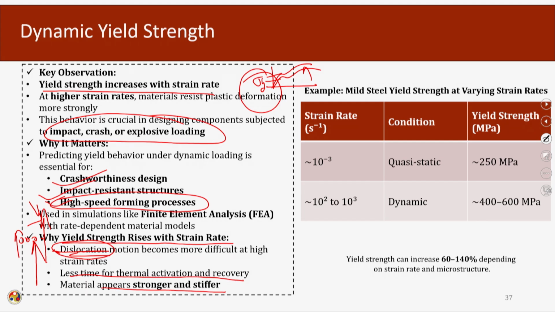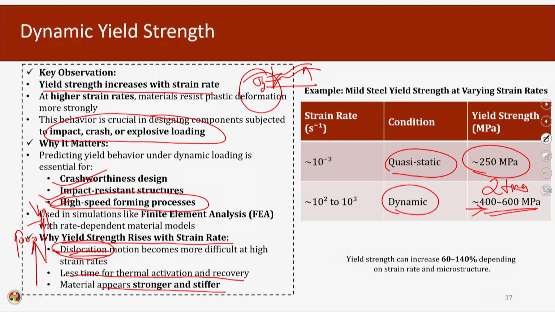Typically, for a quasi static loading, if it is exhibiting a yield strength of around, let us say, 250 MPa, in case of dynamic loading it may exhibit an increase in the yield strength of around 400 to 600. So, it can increase more than 2 times also.